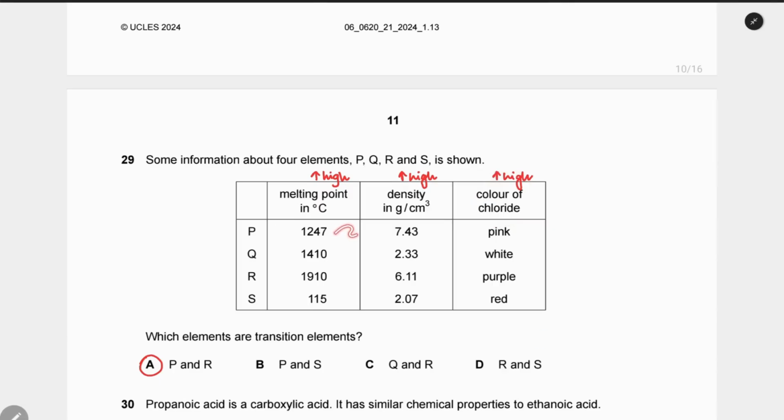So over here, if you see, P and R. We cannot take Q because we can see here density has decreased, so Q gets eliminated. So the correct option is P and R. Density is also increasing, and this is pink and purple. So the correct answer is A.